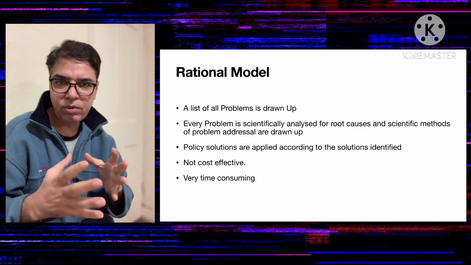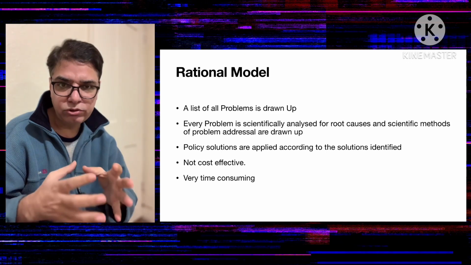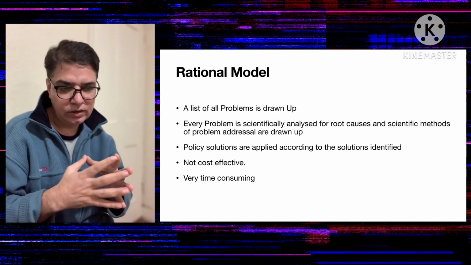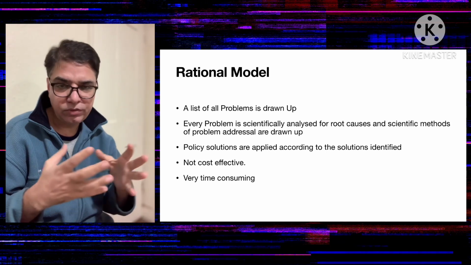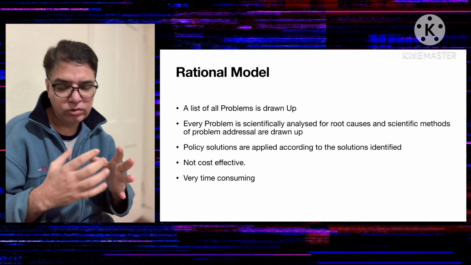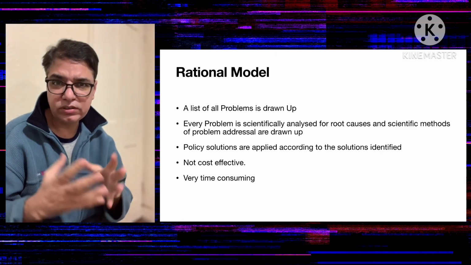For every problem, you dissect it, you suggest solutions, and those solutions are put in priority. There are different ways of setting your priorities, and then you deal with them one by one. This is what we call the rational or the scientific model.